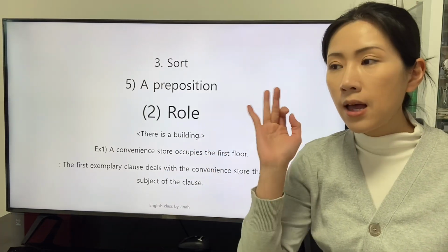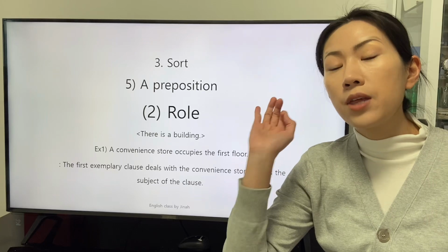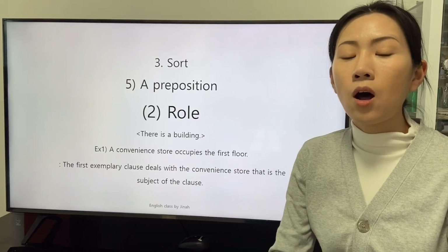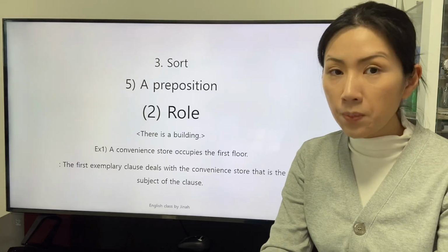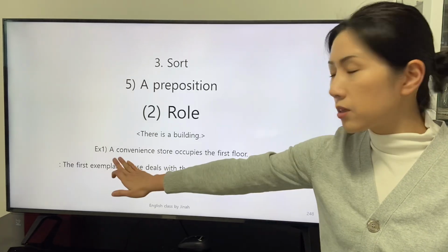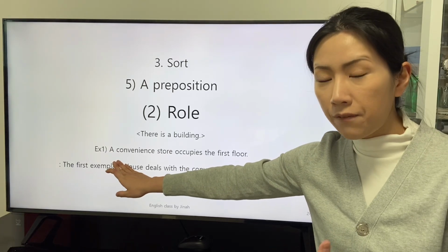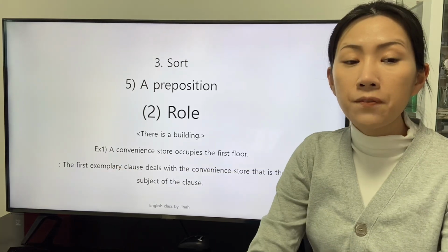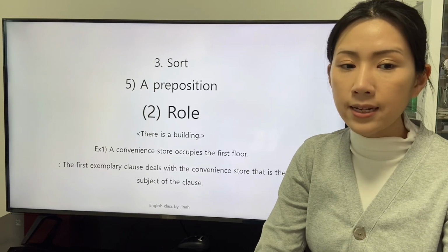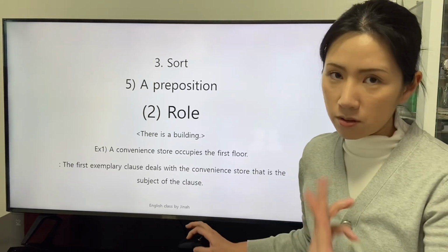Let's suppose that there is a building. Then let's study the first clause. A convenience store occupies the first floor. This clause deals with the subject, a convenience store. The first exemplary clause deals with the convenience store. That is the subject of the clause.